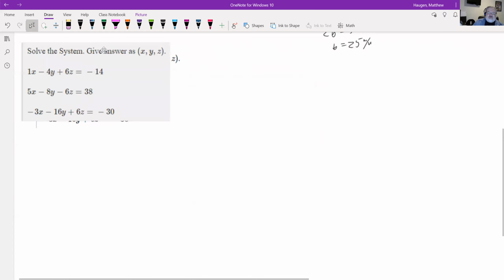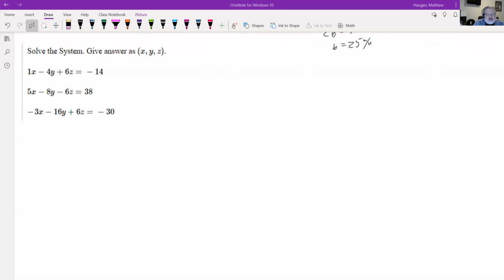So the difference here is that instead of having two equations with two variables that we don't know, x and y, not that they have to be x's and y's, obviously they can be a's and b's and whatnot, we have a system of three equations with three unknowns.